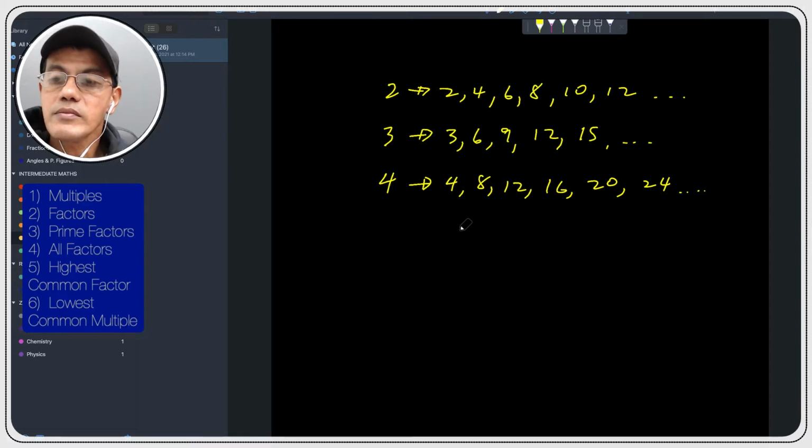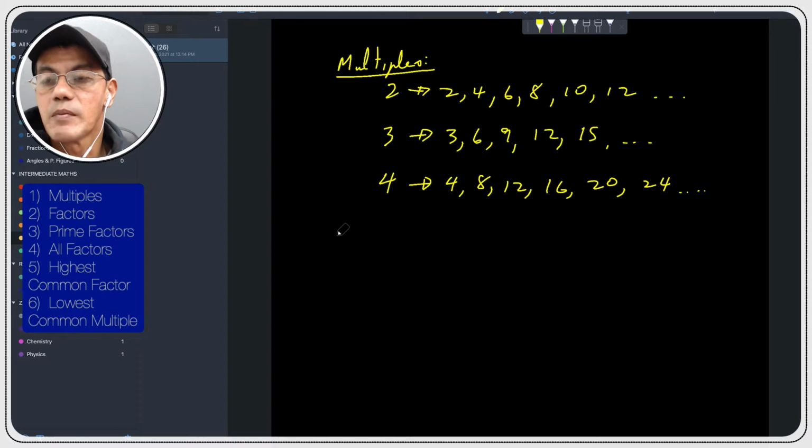Now, what are factors? So multiple. And by the way, do take the opportunity to do a search in Google and check the definition for multiples, and you maybe can write it down so that you will remember what a multiple is.